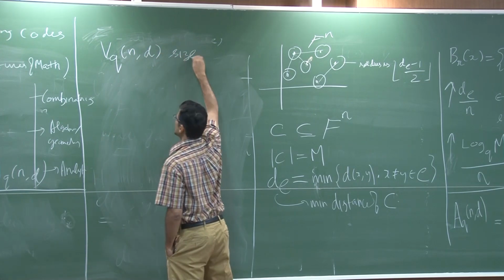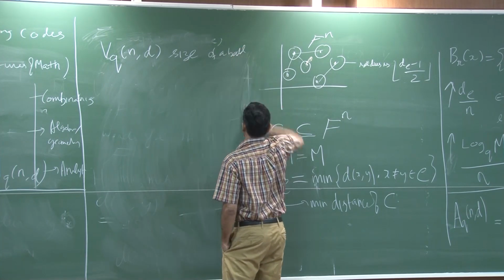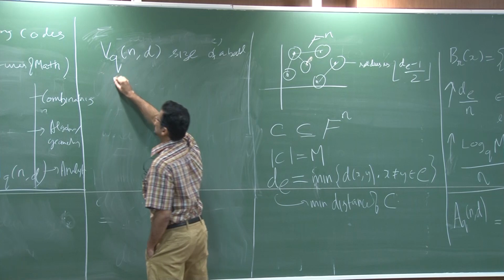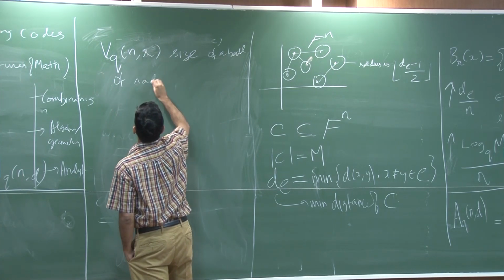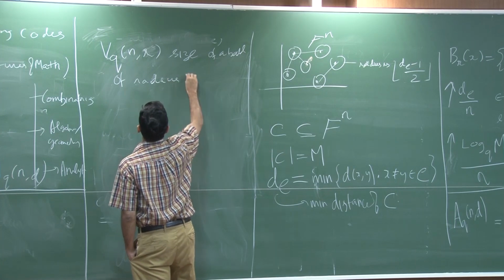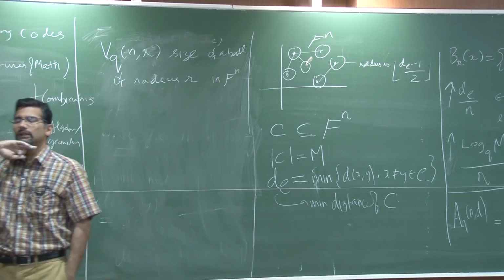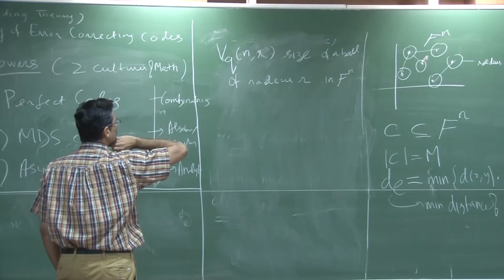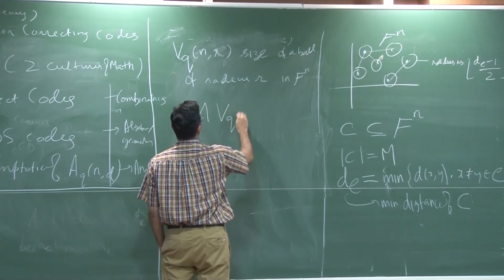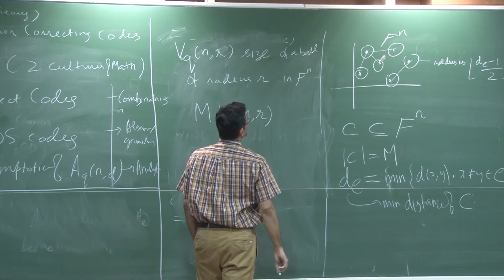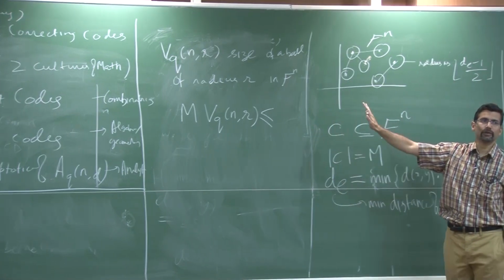Size, as in actual set size of a ball of radius r. We can actually give a nice combinatorial formula for it. So let me put something here. Can you fill the RHS of this inequality for me?